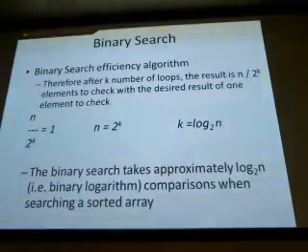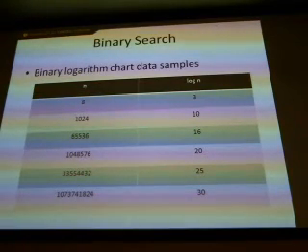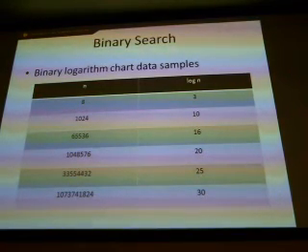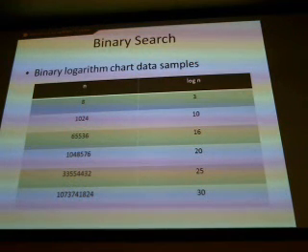Log 2 n, again, is this right here. So log 2 of 8 is 3. The value for 1024 is 10. The value for 65,536 is 16. I have that in the next slide in a chart, so you can see the correlation.